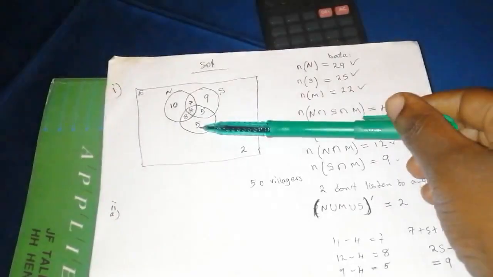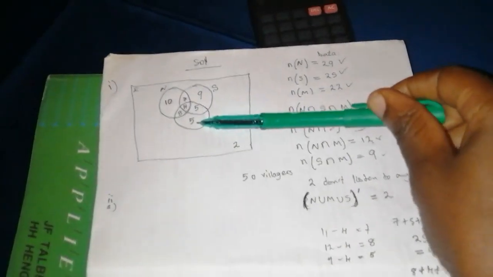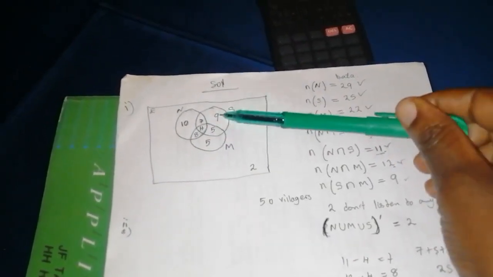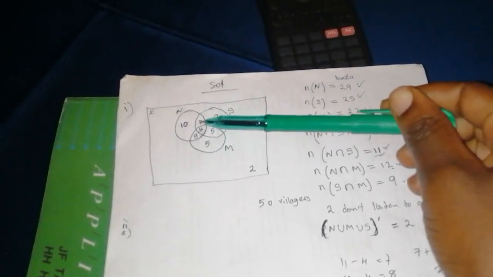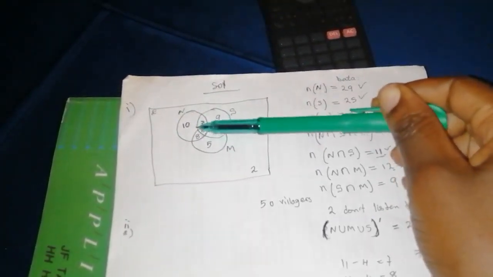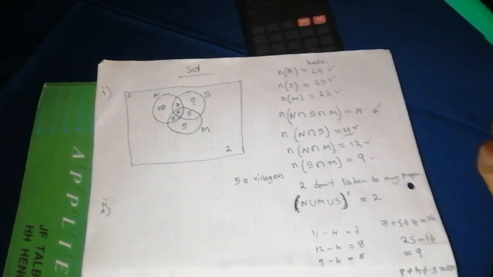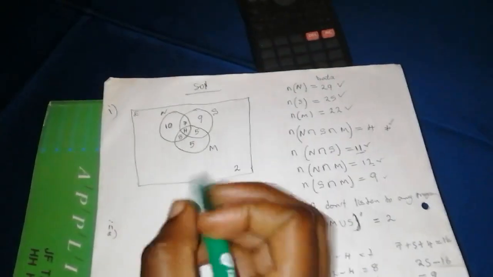These listen to sports and music, these listen to all 3 programs, these ones news and music. So the ones who only listen to music are 5. So the answer here is simply 5 villagers.